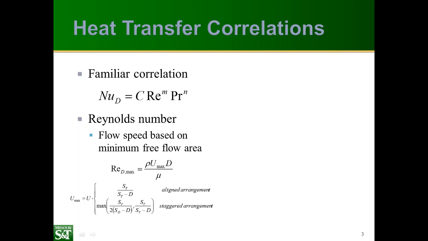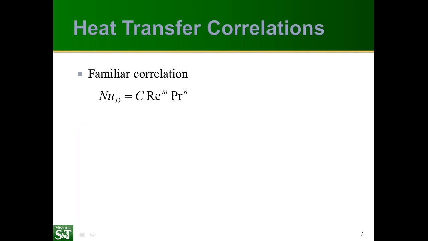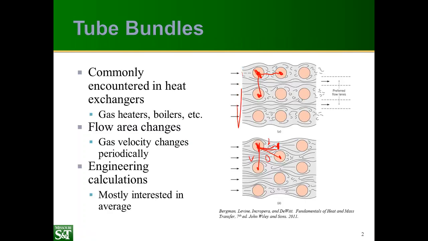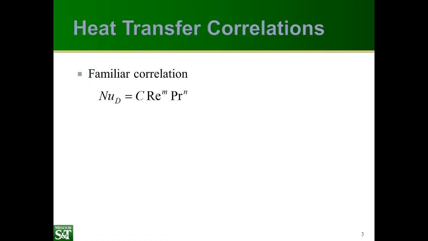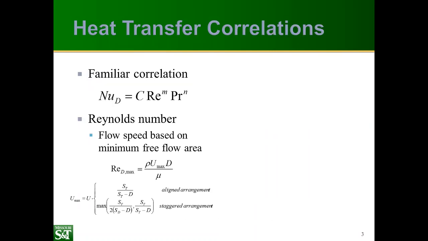So if we have an aligned arrangement, we define the maximum velocity based on the free stream velocity. The velocity here is our free stream velocity times some quantity that helps us characterize that change in flow area. And here you have the diagonal pitch, the diameter, the transverse pitch, and so on.